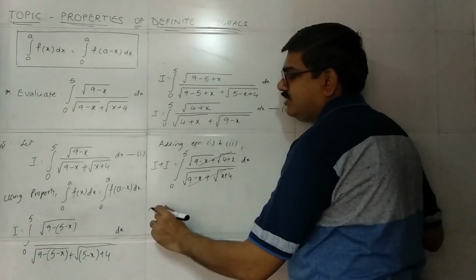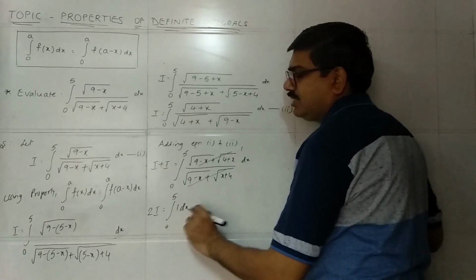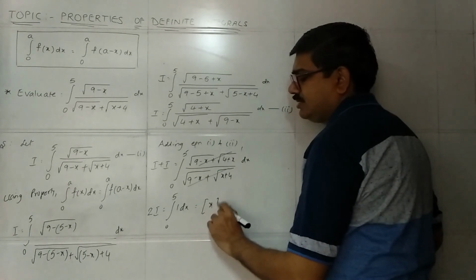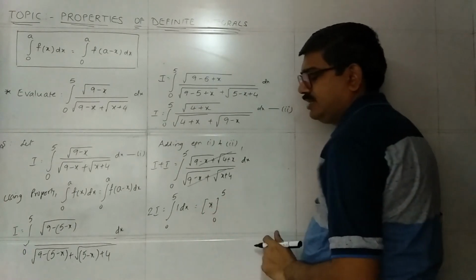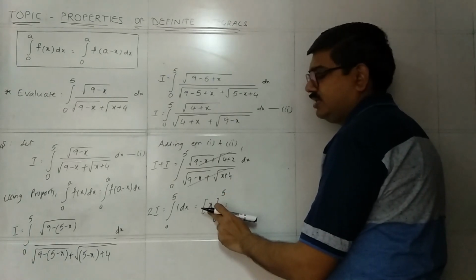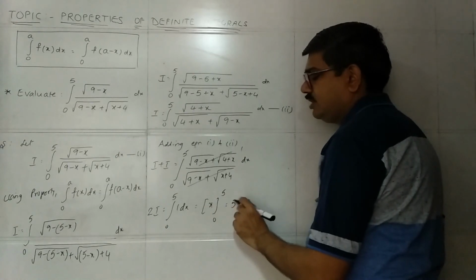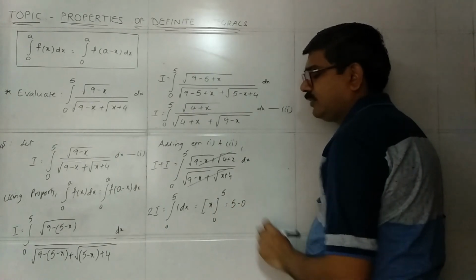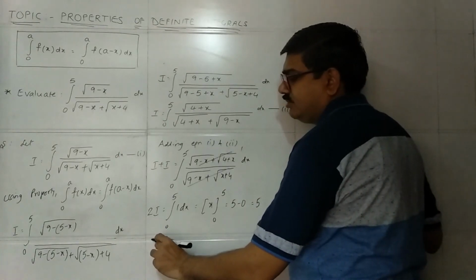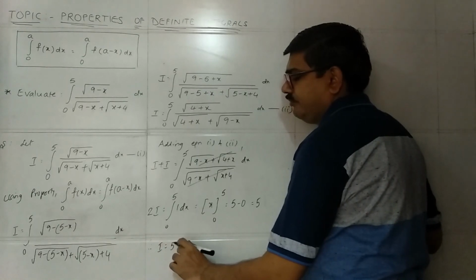I plus I is 2I, so 2I is equal to integral 0 to 5 of 1 dx. The integration of 1 is x, with the limits 0 to 5. Put the upper limit minus the lower limit in x: 5 minus 0 is 5. Therefore I is equal to 5 upon 2, the final answer.